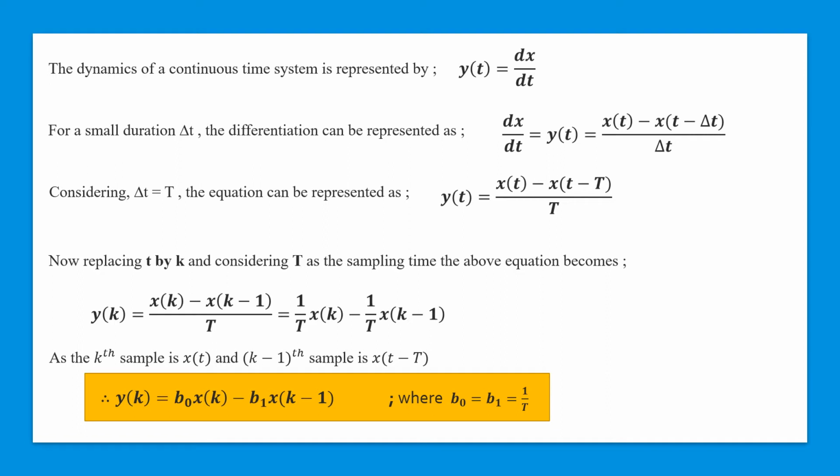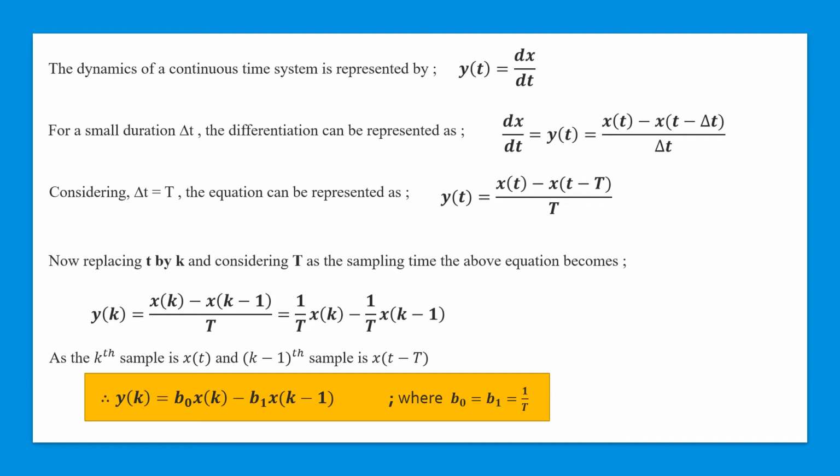As the kth sample is x(t) and the (k minus 1)th sample is x(t minus T), we can write y(k) = b0 x(k) minus b1 x(k minus 1), where b0 = b1 = 1/T. The above equation represents the dynamics of the discrete time system.